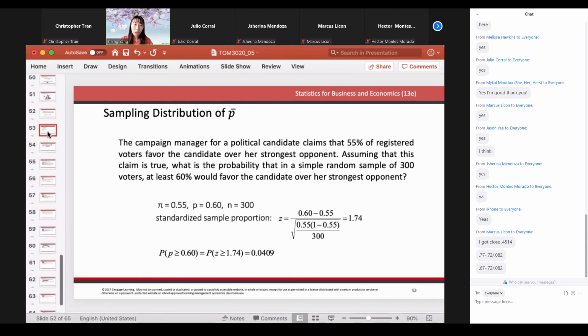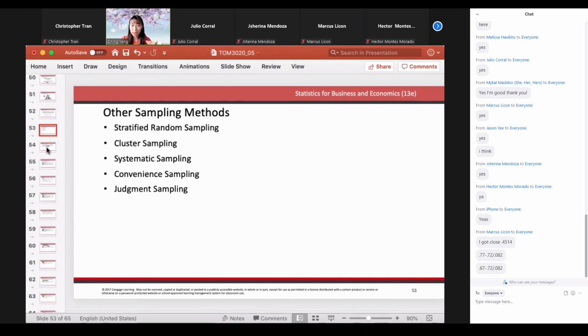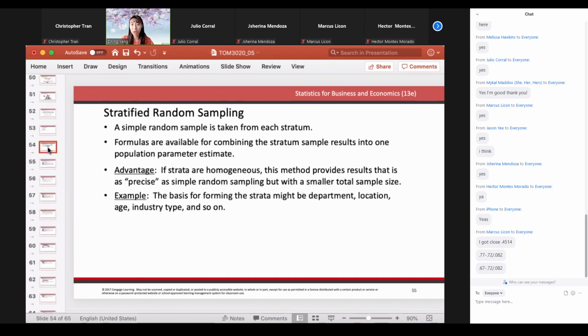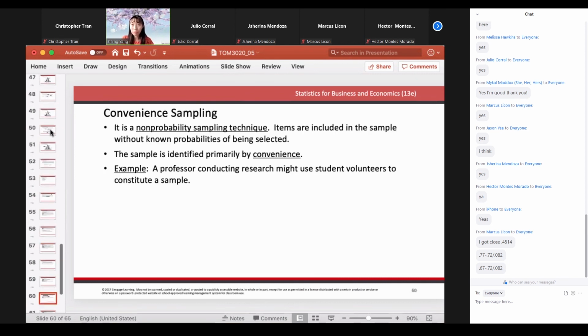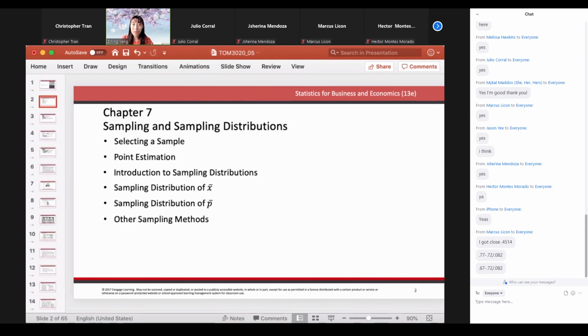In the lecture note, I also give you a quick summary of the theoretical concepts of different sampling methods. But like I mentioned on day one, for the scope of this class, we do not practice data collection. So I will not ask you to actually collect a sample and put together the data.